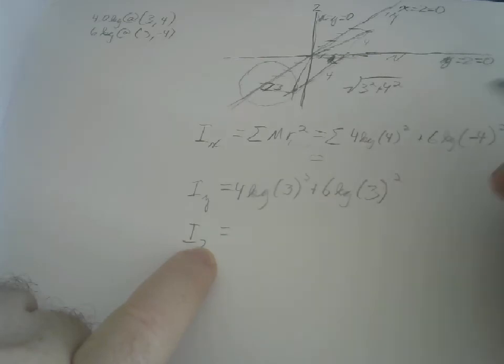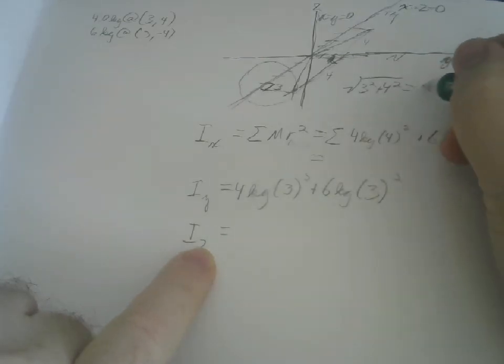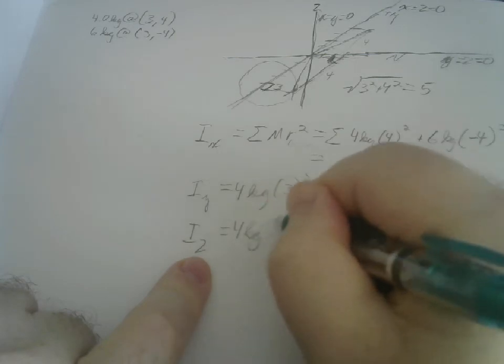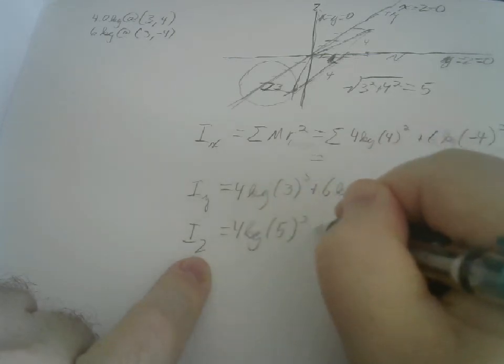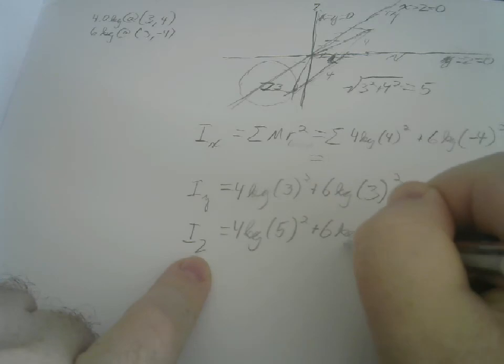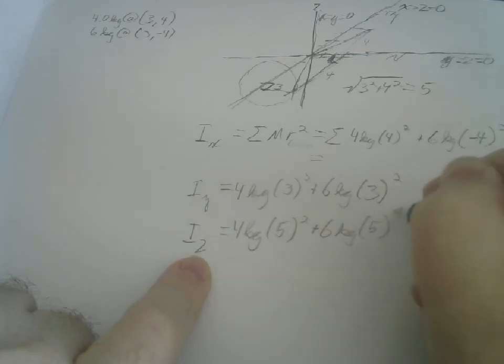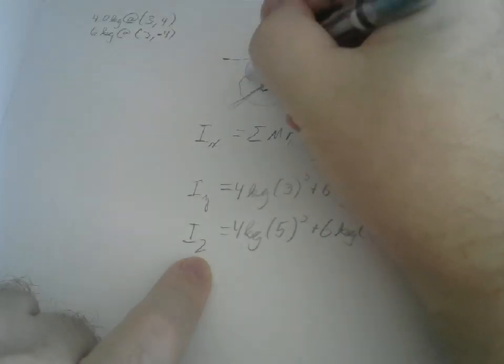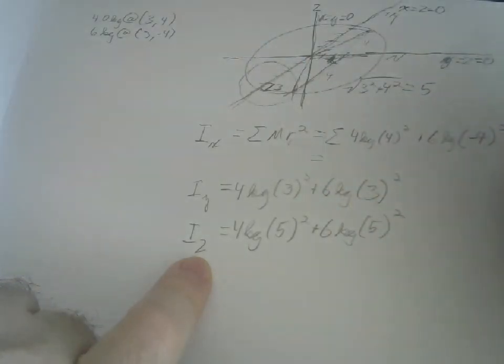And anyway, this comes out to be 5, so it'll be 4 kilograms times 5 squared plus 6 kilograms times 5 squared. And the circle would be like that in the z-plane.